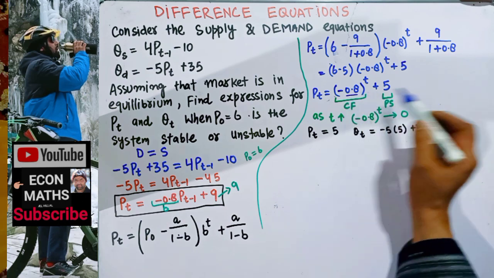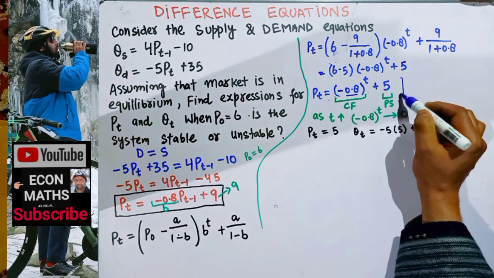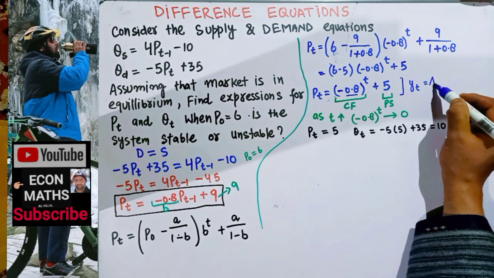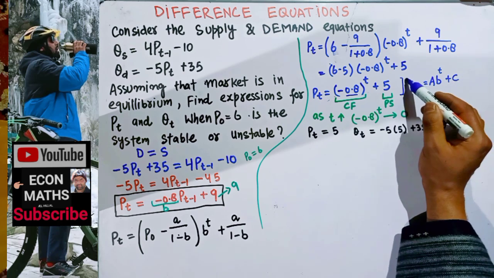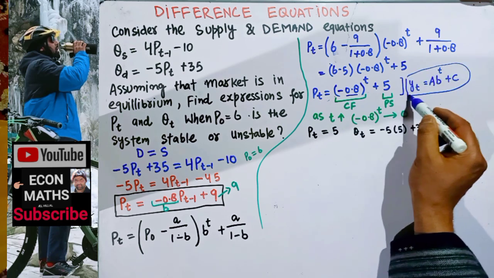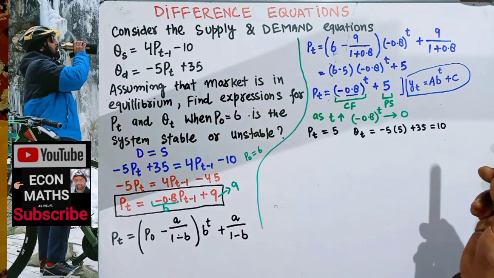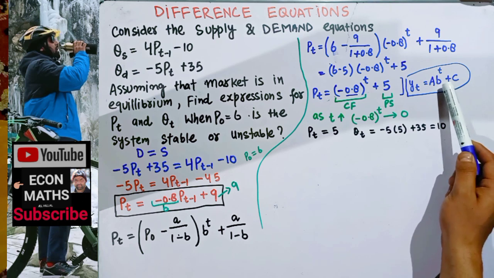If I write it in general form, it is y_t equal to A b raised to the power t plus c. A is the arbitrary constant. So the stability of the equilibrium depends upon this base b.